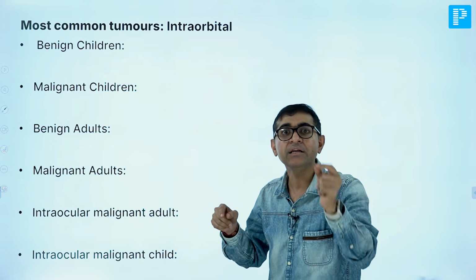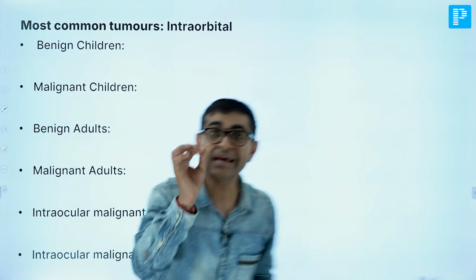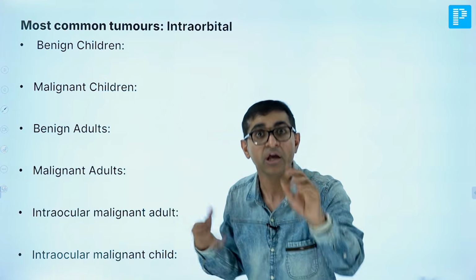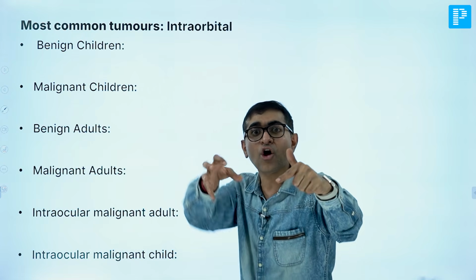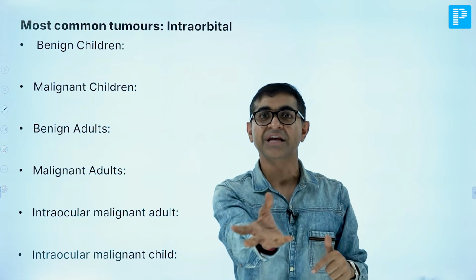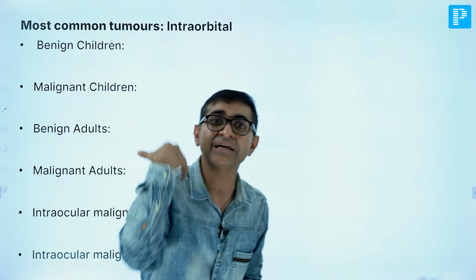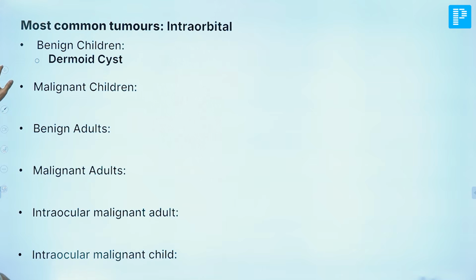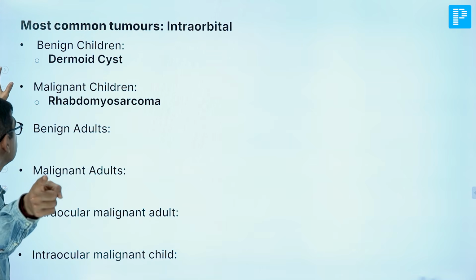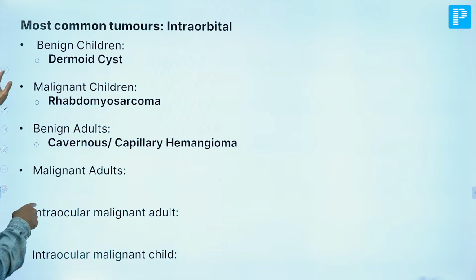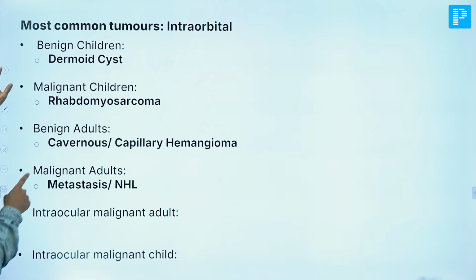Most common benign intraorbital tumor in adults is cavernous or capillary hemangioma. Done. Most common malignant intraorbital tumor in children is rhabdomyosarcoma. In adults it is non-Hodgkin's lymphoma or the metastasis from some remote site in the body. So let's just quickly write dermoid cyst, rhabdomyosarcoma, which will be Desmin positive, then cavernous capillary hemangioma and metastasis.